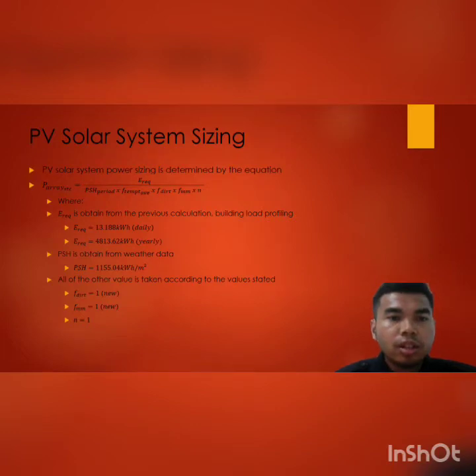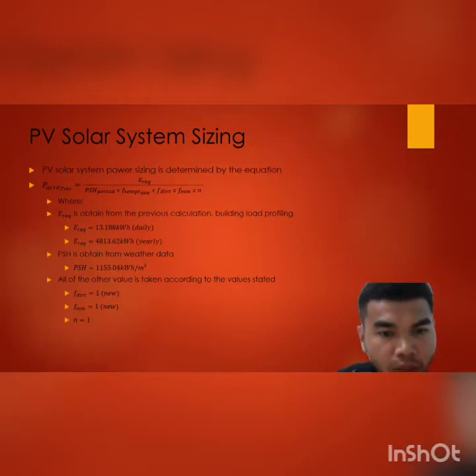The formula is obtained from the previous calculation within load profiling. For daily, 13.188 kilowatt hour, and for yearly, 4813.62 kilowatt hour. The PSH, peak sun hour from the weather data, is 1155.04 kilowatt hour per meter squared.